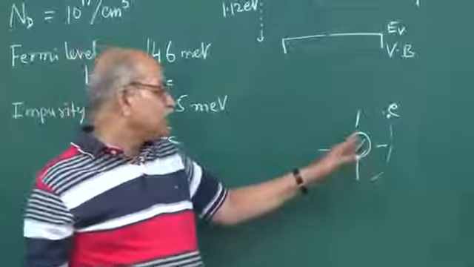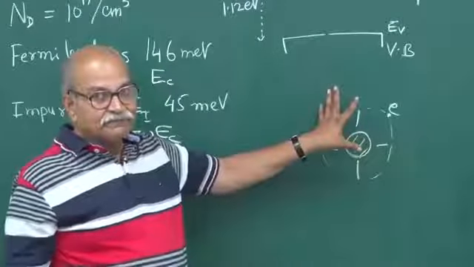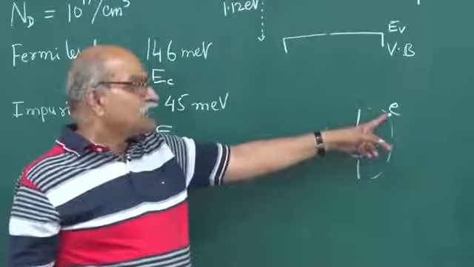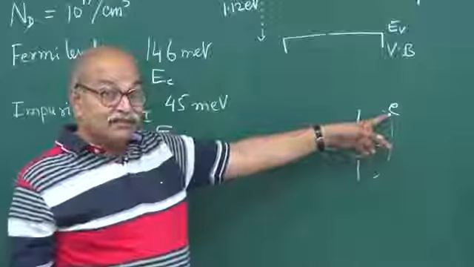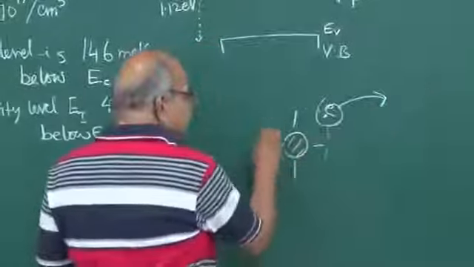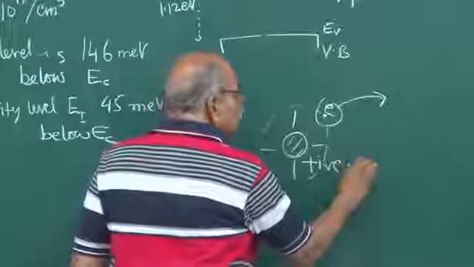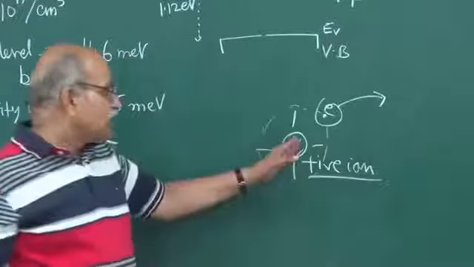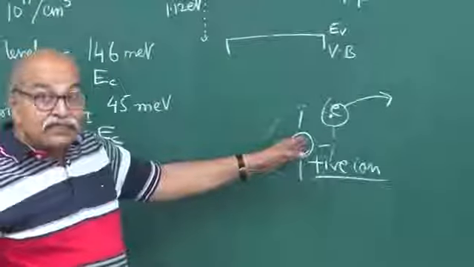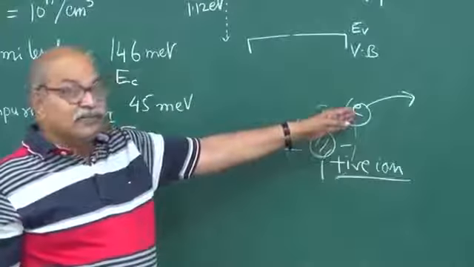It had 5 electrons, there are 5 electrons, and therefore it's a neutral atom. But then if this electron goes to the conduction band, what is left here is a positive ion. And you say that this donor atom has been ionized. That means the electron has gone into the conduction band.